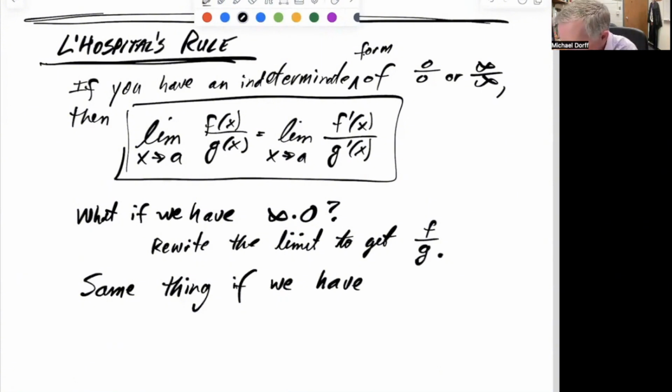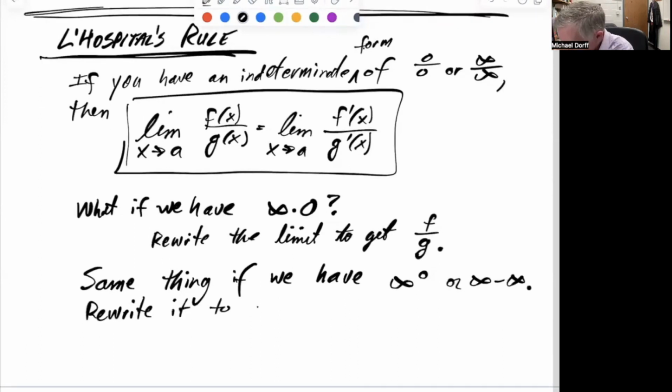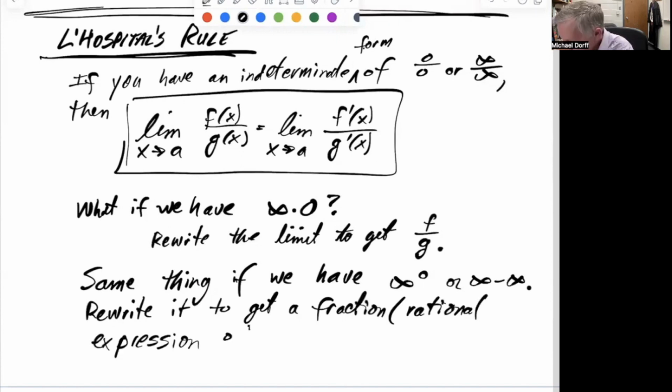Earlier we had a power one that was infinity to the 0. So you rewrite it to get a fraction, a rational expression of the form f over g. And we'll give some examples of that so you can see how that works.